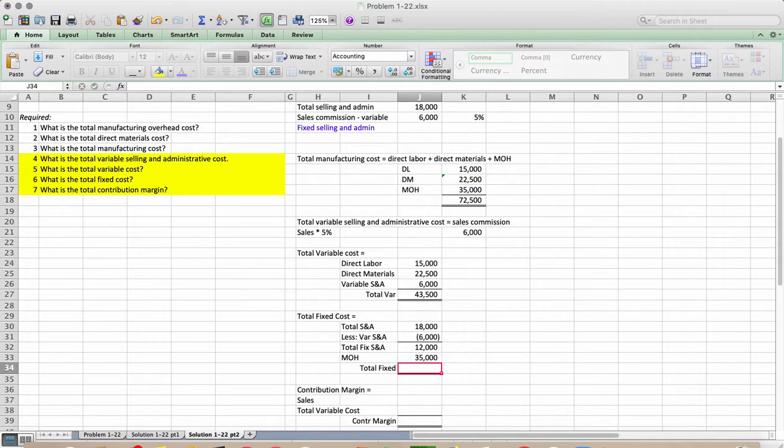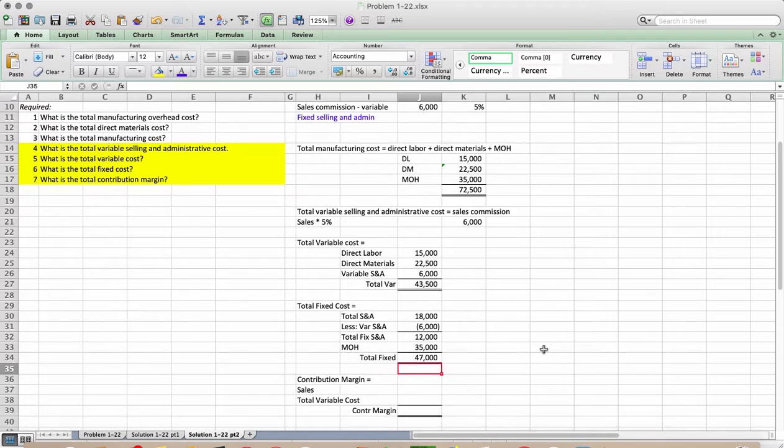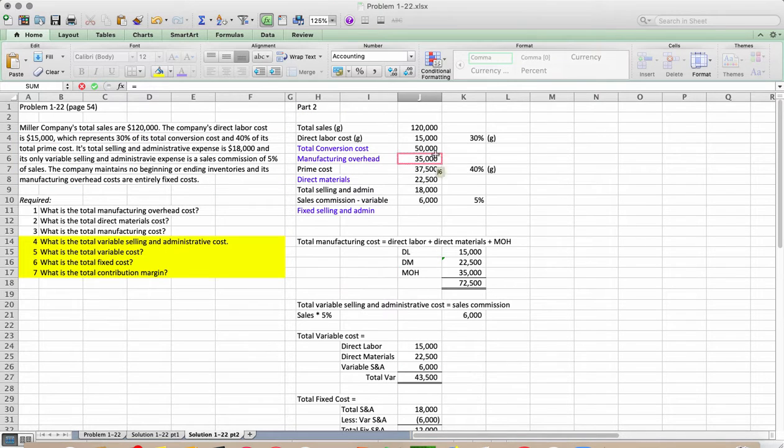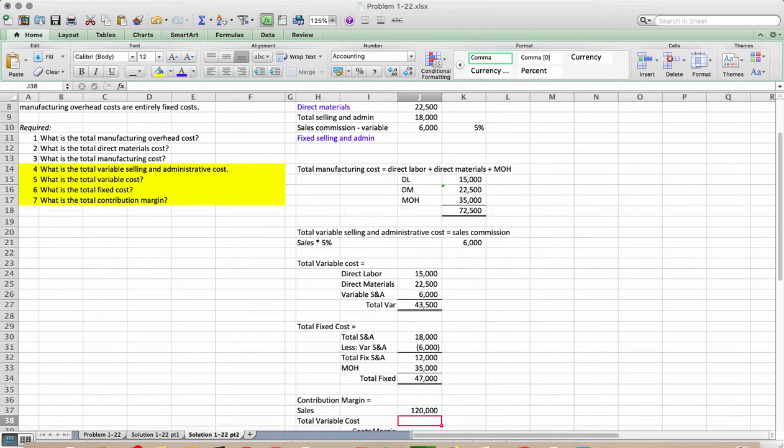We calculated that last problem. Now we'll add those two together, the 12,000 plus the 35,000, and that gets us to $47,000. That is the total fixed cost. That's number 6. Then we only have one more, and that's the total contribution margin. We begin with sales, and that was given, 120,000.